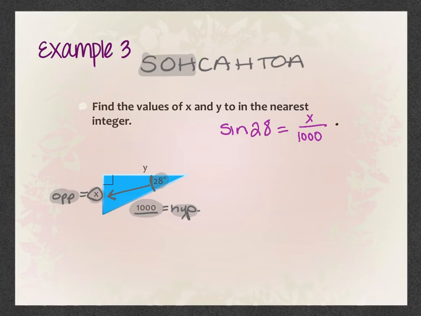And then I'm going to multiply both sides by 1,000. In my calculator, I'm going to do 1,000 times the sine of 28. And x is equal to 469.4. And this says to the nearest integer. So I'm going to look at my tenth. It's below 0.5. So I'm going to say that this is closest to 469.